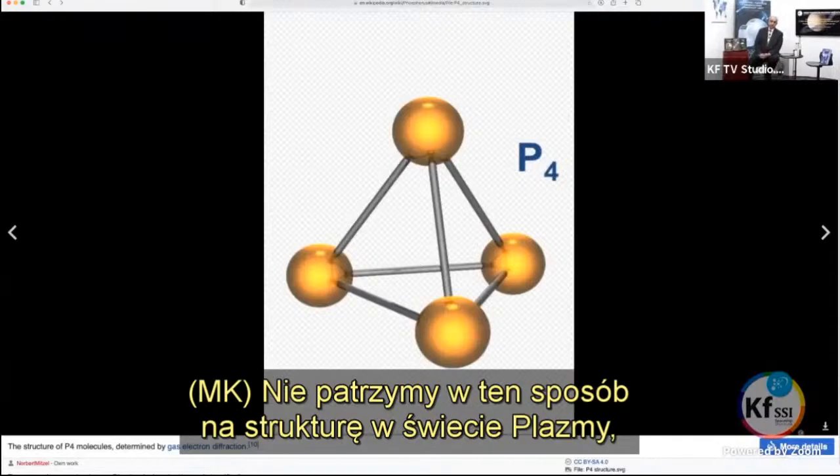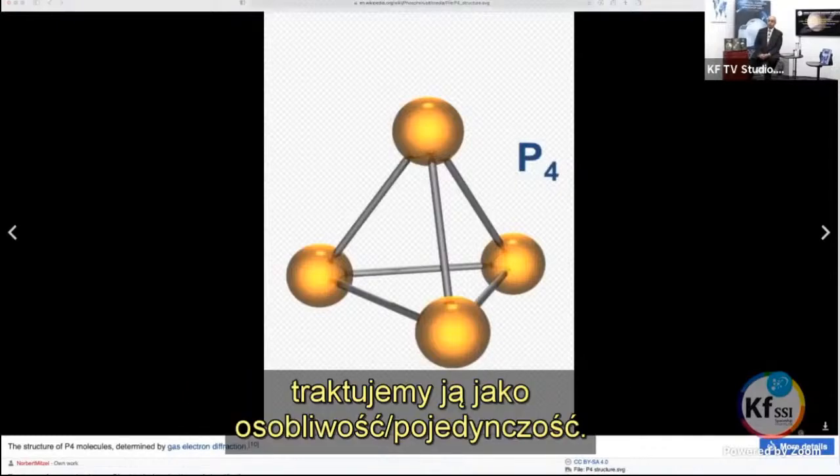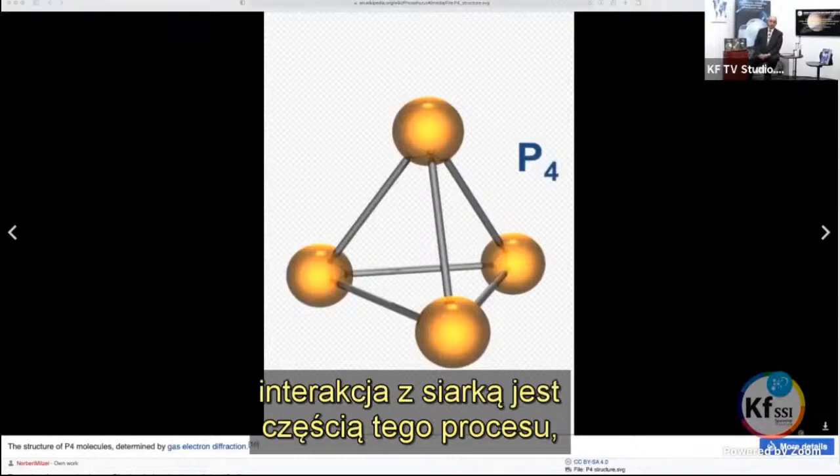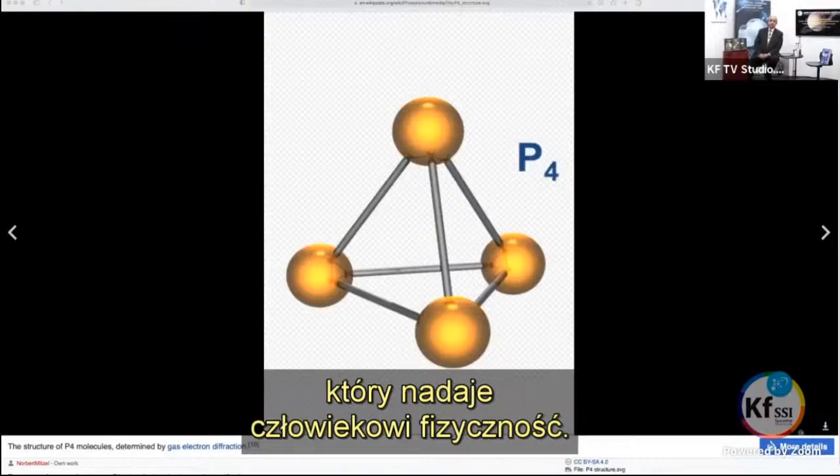We don't look at the structure this way in the world of plasma. We look at it as a singularity. And in so many ways, phosphor and its interaction with the sulfur is part of the process which gives physicality to man.